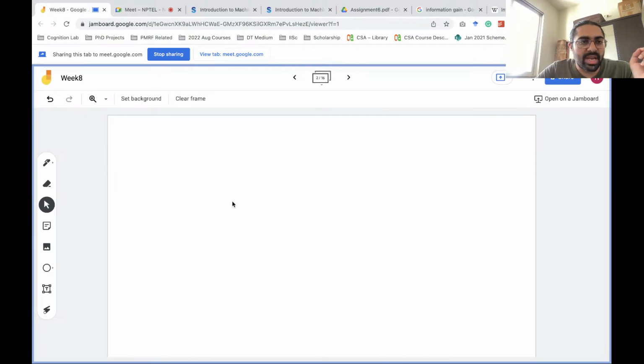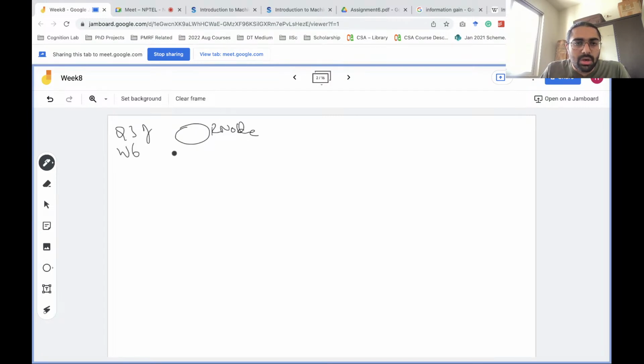The way I understand it, actually, I've not worked that much on decision trees. So this is the root node, and we're doing question 3 of week 6. If I use vaccination, say 0 and 1, I get two children.